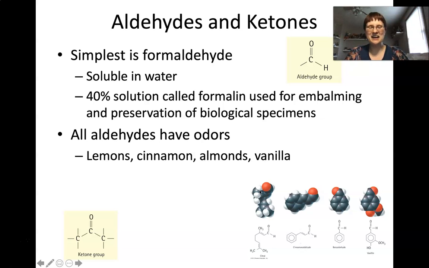Yeah, that's the chemical that you find in cinnamon that gives it that very distinctive odor. Benzaldehyde is the one that makes almonds have that distinctive almond smell. If you try to describe what an almond smells like, it smells like almonds, right? It's because of this guy right here.